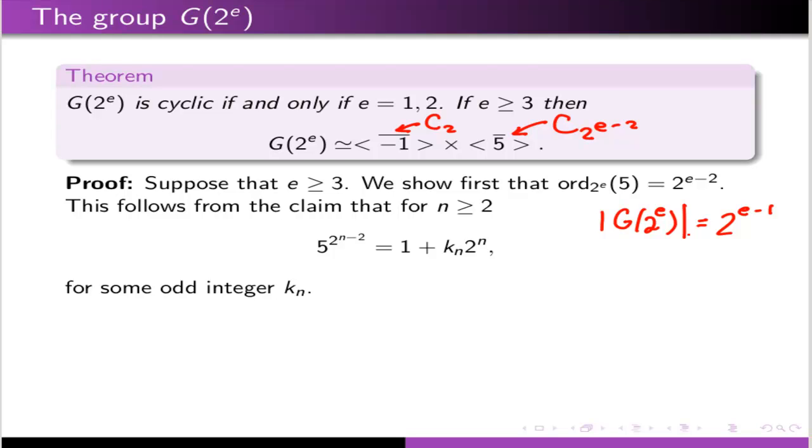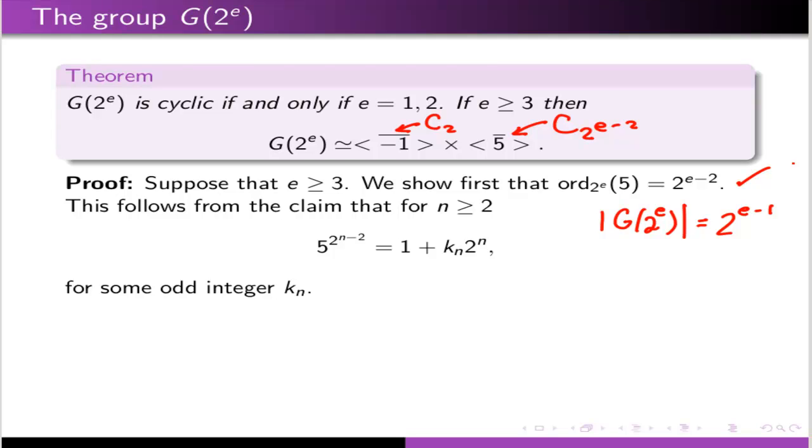And it's going to follow from the following claim. 5 to the 2 to the n minus 2 power is of the form 1 plus kn times 2 to the n for some odd integer kn. So let's show how this claim establishes the fact that the order of 5 is 2 to the E minus 2.